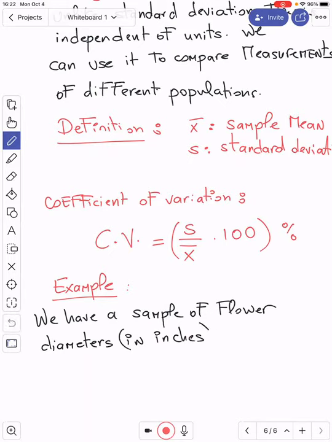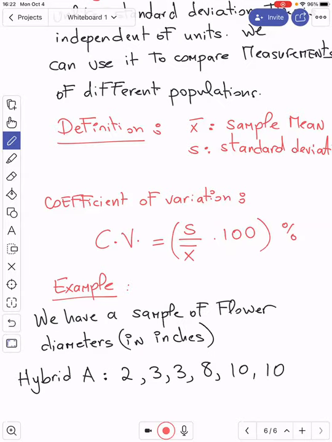That's the unit. I think we had two different hybrids, hybrid A and hybrid B. For hybrid A, I think we had the following values: the diameter of the first flower is 2 inches, then 3, the third flower's diameter is 3 again, 8, 10, and 10, right?